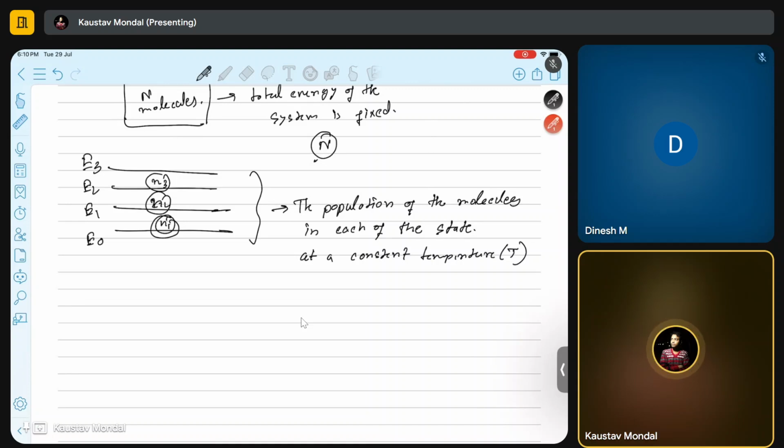Another thing is that, for simplicity, you are considering that these molecules should be independent.